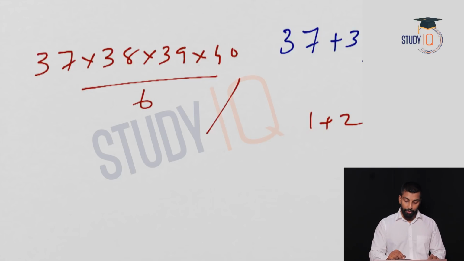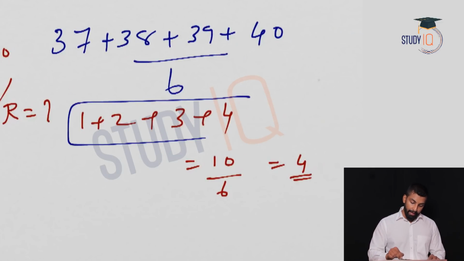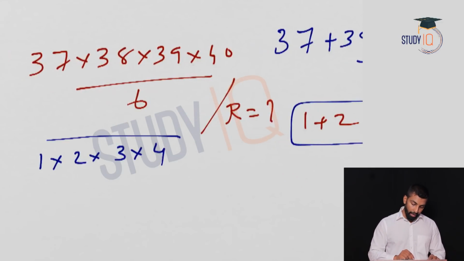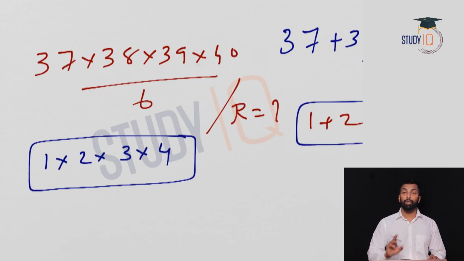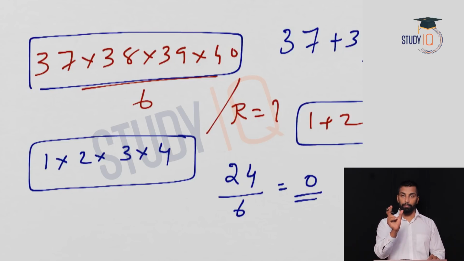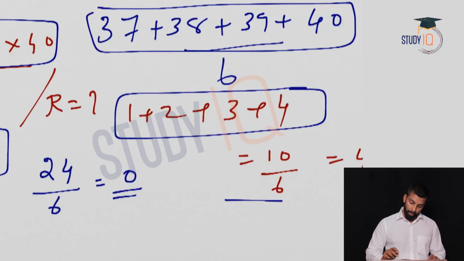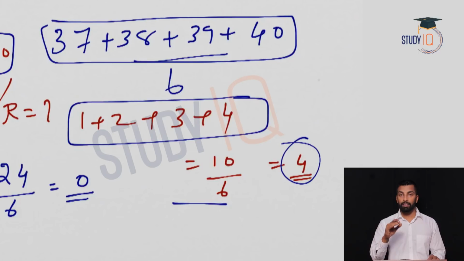You write it as 1 into 2 into 3 into 4. Here you take the product of individual remainders, whereas before you took the sum. So 2 into 3 is 6, 6 into 4 is 24. 24 is greater than the divisor, so you divide further by 6 and get 0. That means when you multiply these 4 numbers and divide by 6, you get remainder 0. But when you add, you get remainder 4. I hope this is clear for all of you.